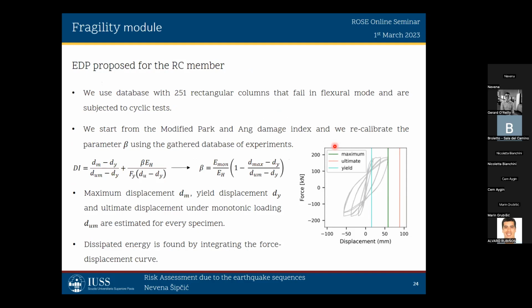The modified Park-Ang damage index has two parts. The first part is based on the displacement, and the second part is based on the energy. There is an unknown parameter beta that we decided to recalibrate using the gathered database of experiments. So we set the damage index equal to 1, and then we express beta as you can see here.